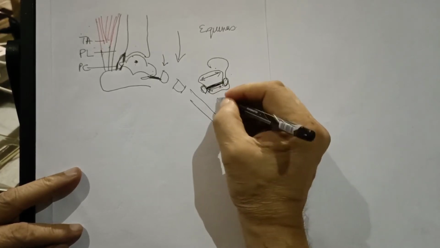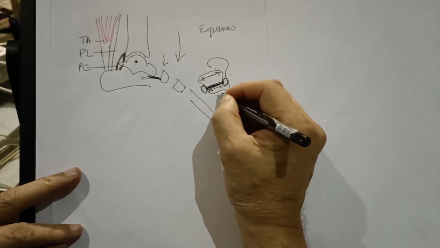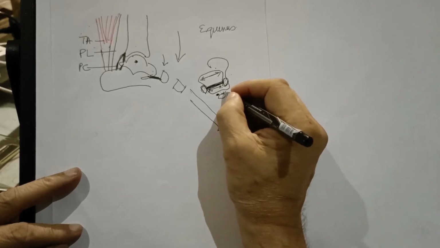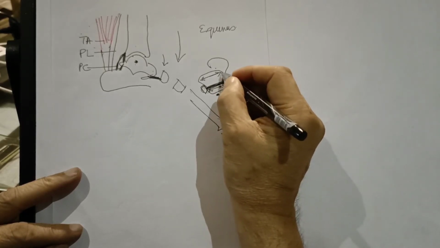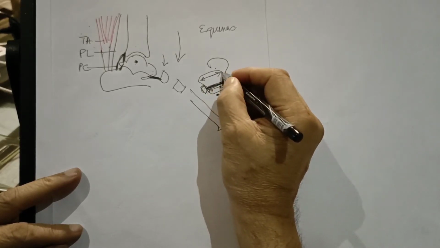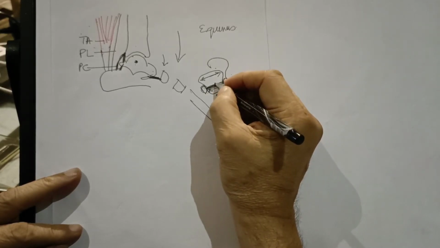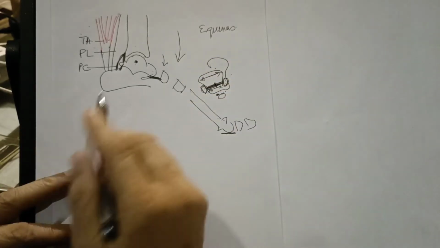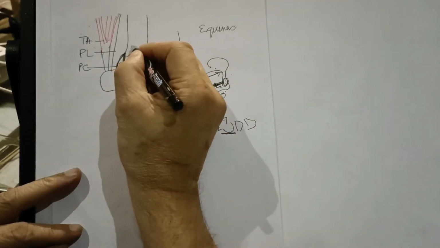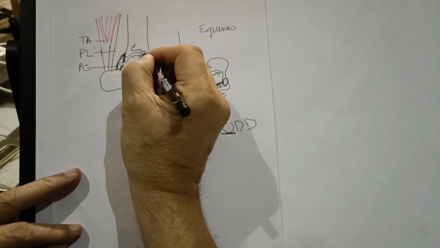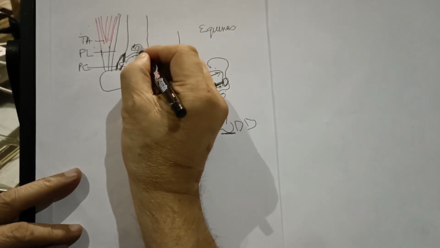So even after you have released all the structures, the tendo Achilles, the plantaris, and the posterior capsule, this broader portion of the talus body will not come back into the ankle mortise unless you allow the ankle mortise to widen. And that you have to do by dividing the tibiofibular ligament.